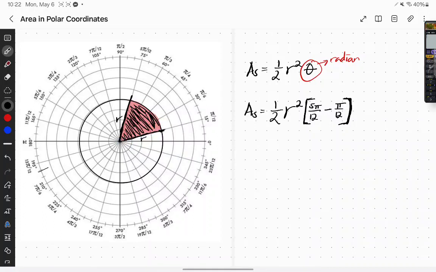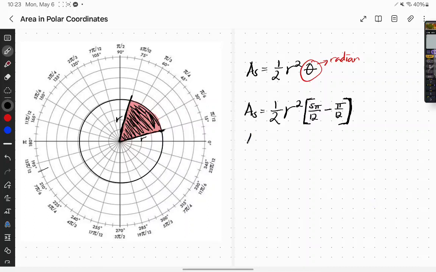To be mathematically correct, we subtract the lower angle from the bigger angle because we don't have a negative area.